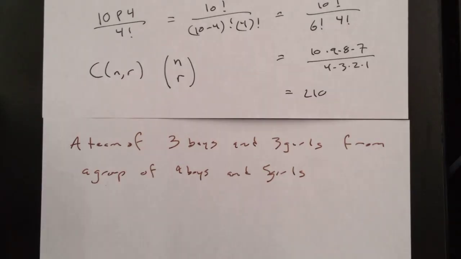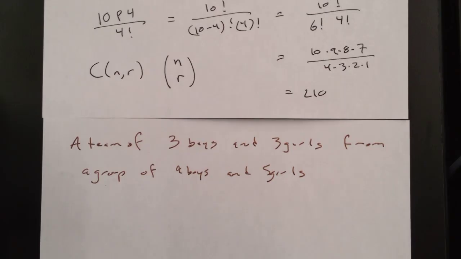I can say, how many ways are there to get a team with 3 boys and 3 girls from a group of 9 boys and 5 girls? If I don't care about the order at all, well, then I can think of this as really choosing 2 separate piles. Out of the 9 boys, I'm going to choose 3 of them. And out of the 5 girls, I'm going to choose 3 of them.